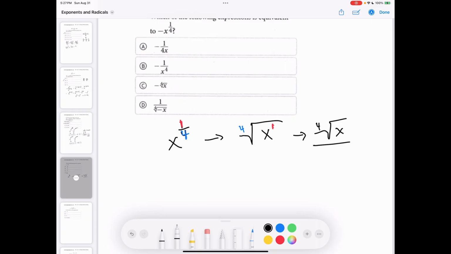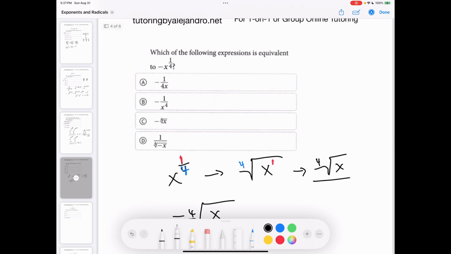And now I can just reintroduce the negative: the negative 4th root of x, okay? So that is our answer here. If this exercise had asked for the equivalent of x to the minus 1/4, with the minus sign inside the exponent, then we'd end up with something different: 1 over x to the 1/4.